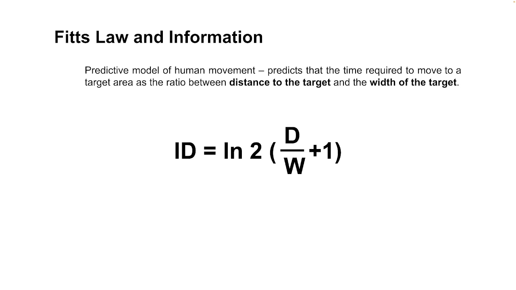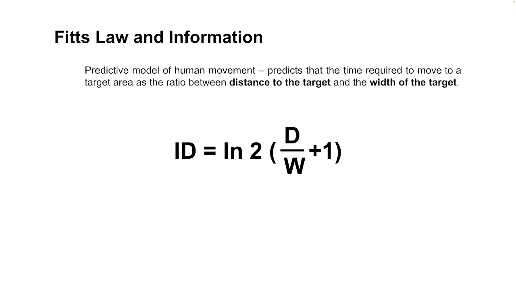It predicts that the time required to move to a target area, which we can define as something with a width, like a target, we saw on the first slide with a dartboard with little zones that you have to hit, or it could be something like reaching out and dropping something into a bin of a certain size.